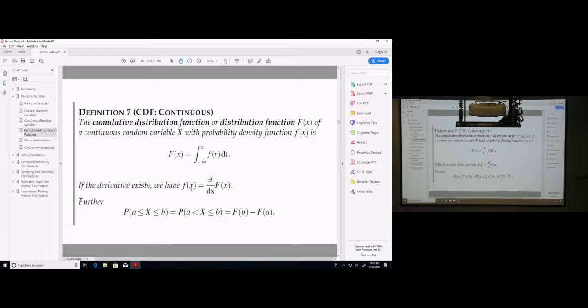So we will have small f of x equal to the derivative of the big F at that particular x. So maybe you want to insert this: if the derivative of the big F exists, then we have this. But sometimes it may not exist at certain points, but it would be quite arbitrary to assign it. Again, the derivative at a certain finite number of points is not going to affect us.